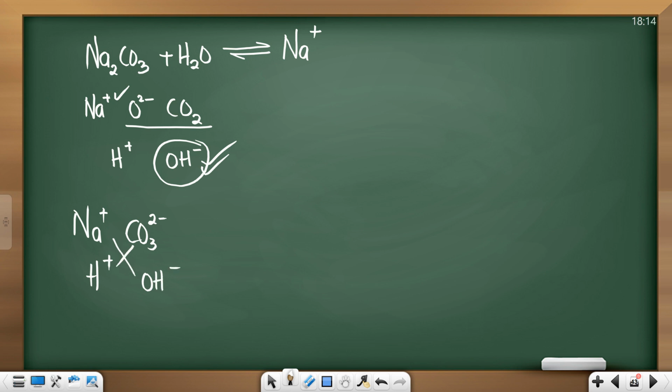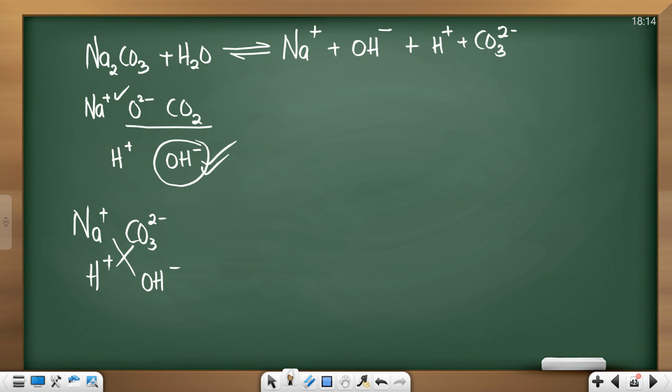You can do an ion exchange, and that would give me Na plus OH minus, that's my ion exchange, plus HCO3 minus. I'm writing everything as ions, and you are allowed to do just that. Why will the pH be greater than 7? The pH is greater than 7 because it produces hydroxide ions.